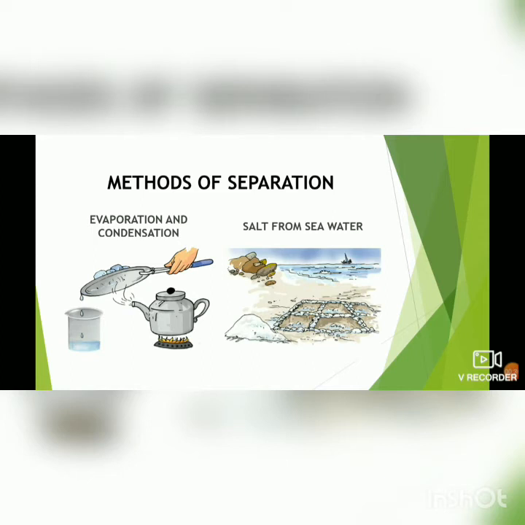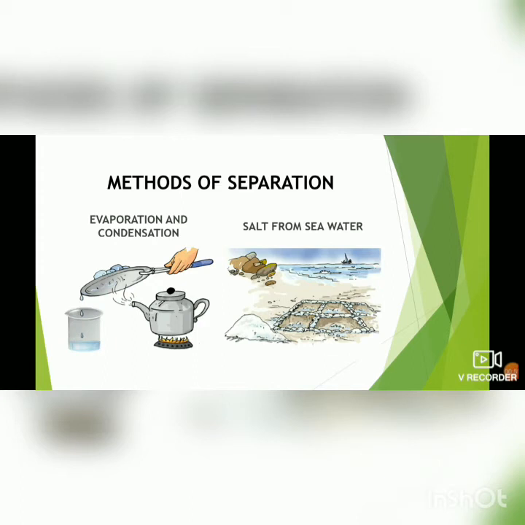The same evaporation process is also used to get salt from seawater. Let us understand this process in a little bit of detail. Small channels of seawater are dug and seawater is collected on the beach. This water is then left to evaporate.